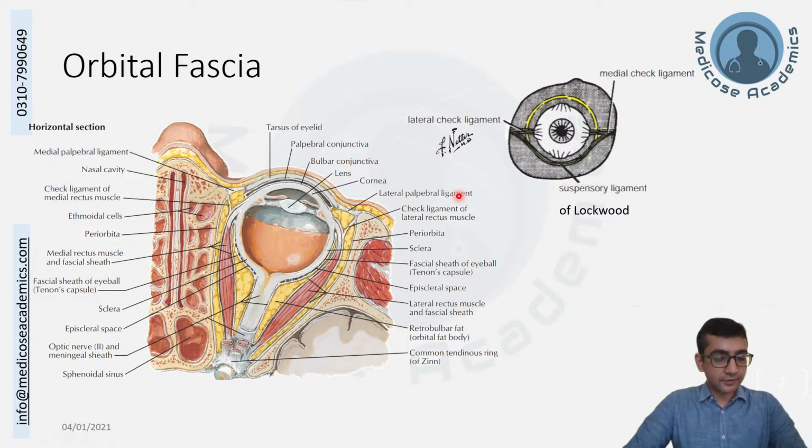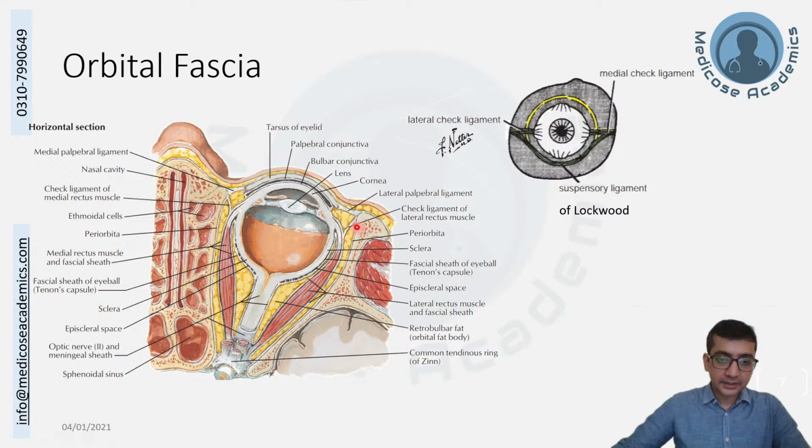Let's talk about the orbital fascia. The orbital cavity itself, in addition to the vessels and nerves, is filled with fat. Here, this is a picture from Netter's Atlas.